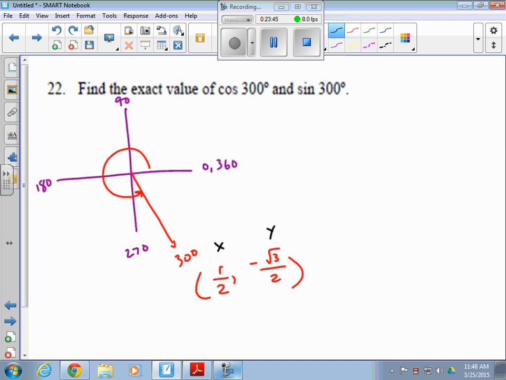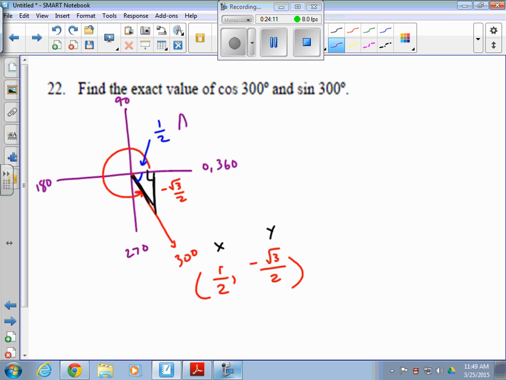Again, if you think of that in terms of the reference angle, you can determine which value is which. Your y value is negative square root of 3 over 2, and your x value, this one here, is 1 over 2, or 1/2.